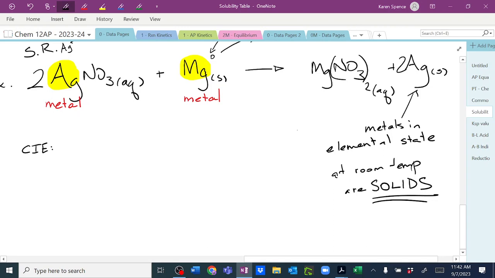What would we have for a complete ionic equation? Ag plus aqueous, plus NO3 minus aqueous.